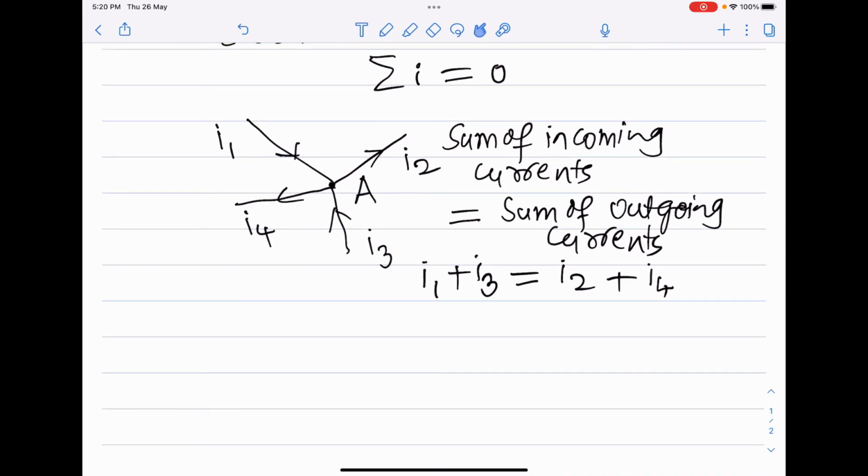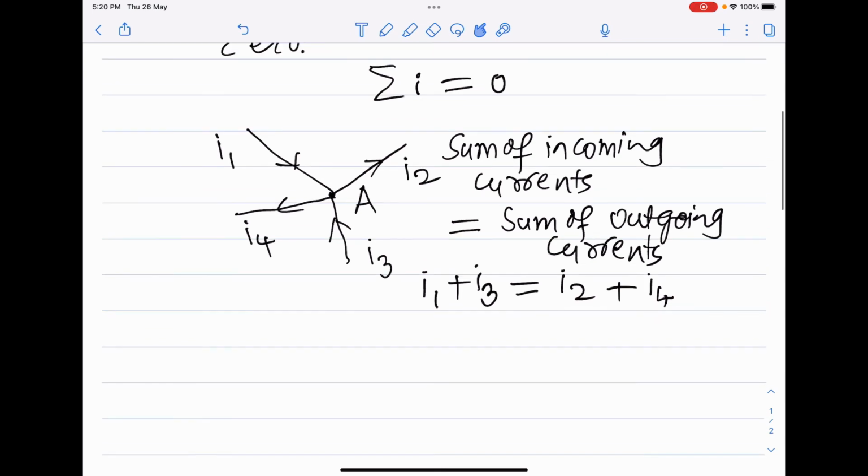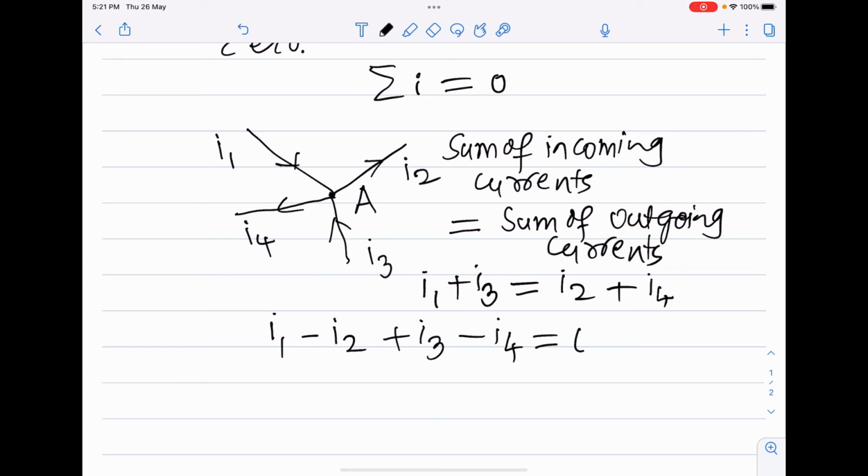Or in other words, we can say that I1 minus I2 plus I3 minus I4 is equal to 0.